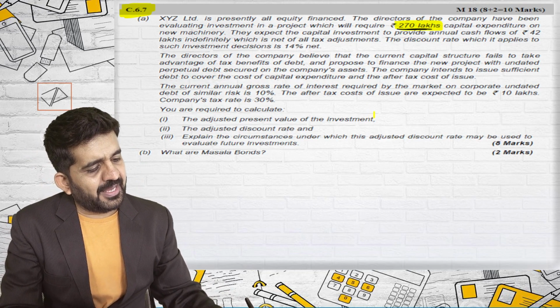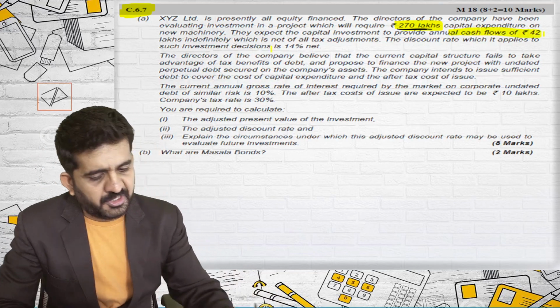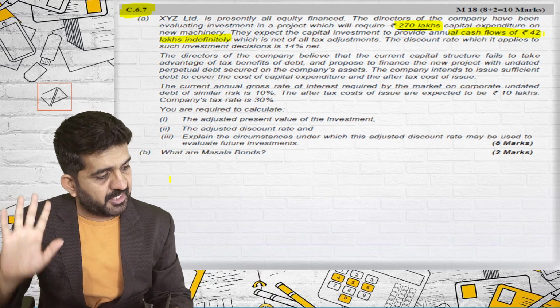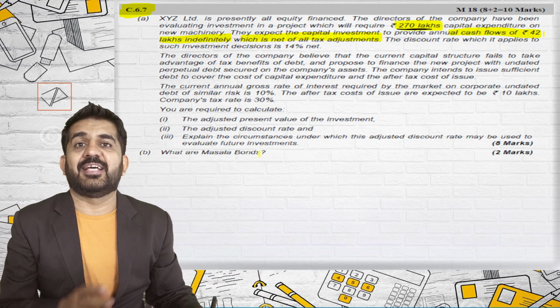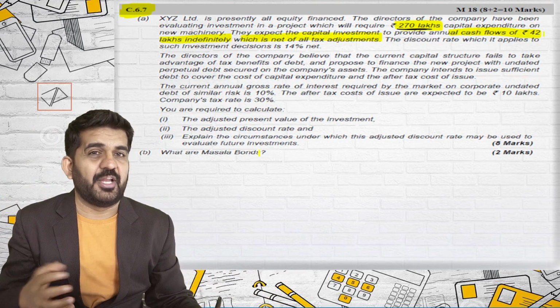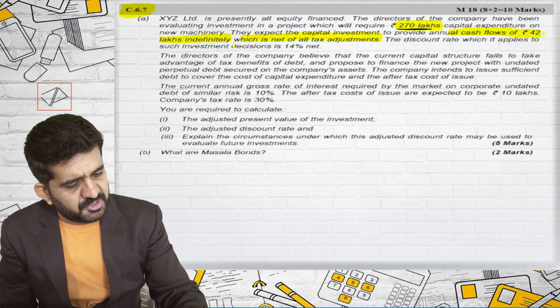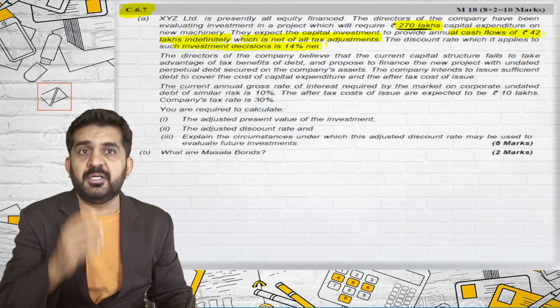They expect the capital investment to provide an annual cash flow of 42 lakhs indefinitely. Up till infinite point of time, the cash flow will be 42 lakhs, which is net of all tax adjustment. The tax benefit on depreciation, everything is considered. The discount rate which applies to such an investment decision is 14% net.